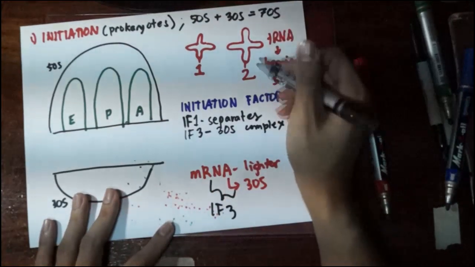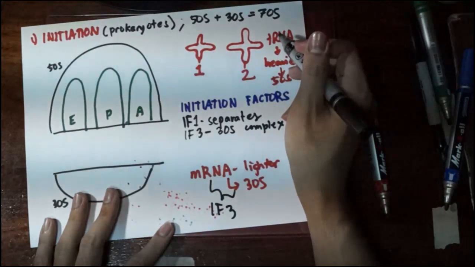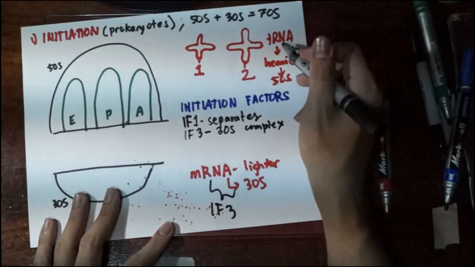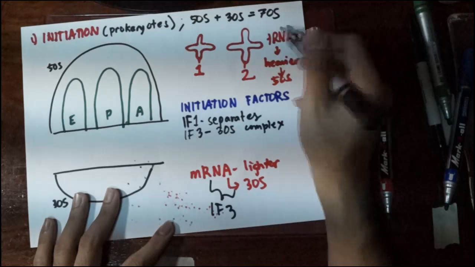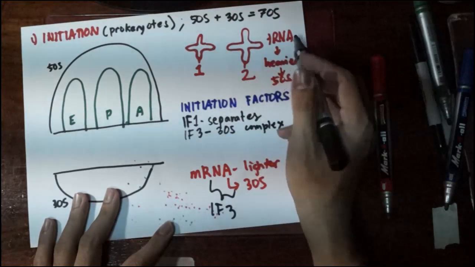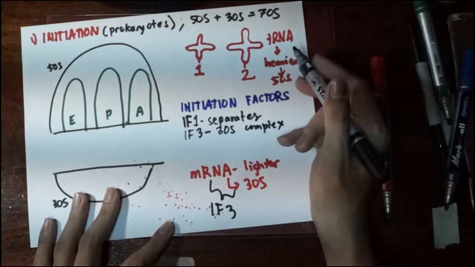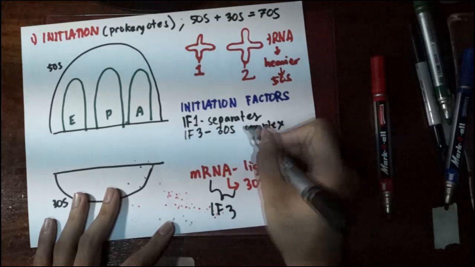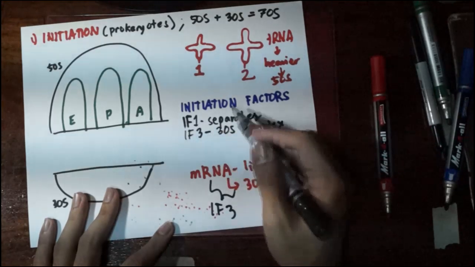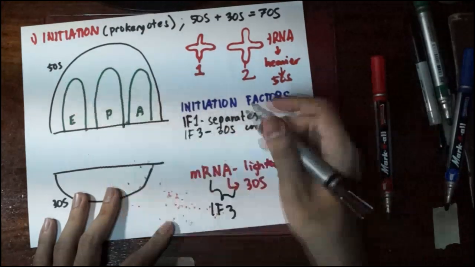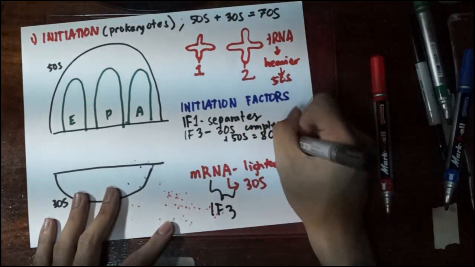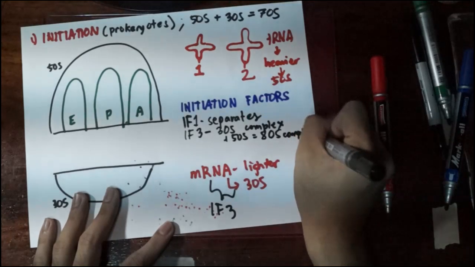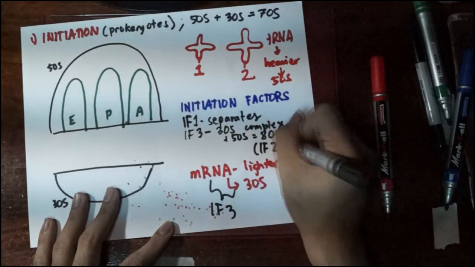I mean, the tRNA part is not really initiated by any factor because the tRNA come and go. But the thing here is that the 30S complex would now combine with 50S. Alright, so 30S plus the 50S subunit will yield the 80S complex, and that is initiated by initiation factor 2.